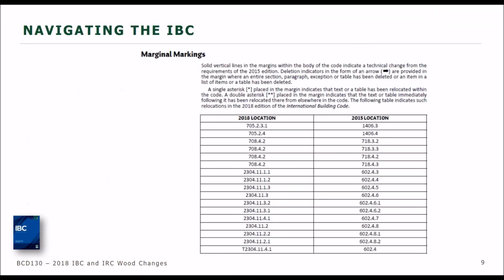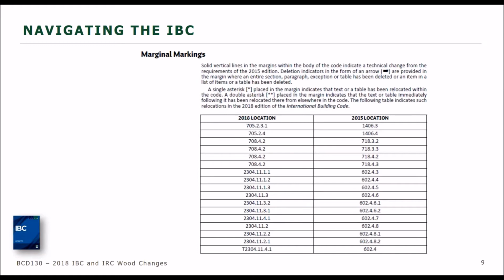So this presentation is organized such that we work our way through the building code starting from chapter 2 on down. I bring this to your attention because this is a helpful table in that some sections in the code have been relocated from one area of the code to a different area of code. And we often get questions like, where is this within the code?